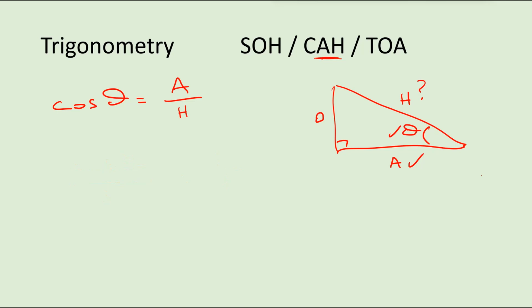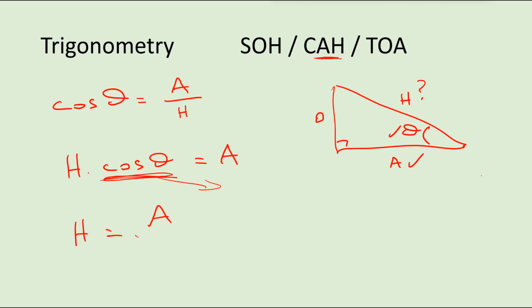The subject that you want to find, we want to have it on the top line of any fraction. So let's take that h across the equals. That will leave us with h times cos theta is equal to a. And now we can take that cos theta across the equals, and because it has been times by the h, it will come across and be divided by. So we have h is equal to a over cos theta.